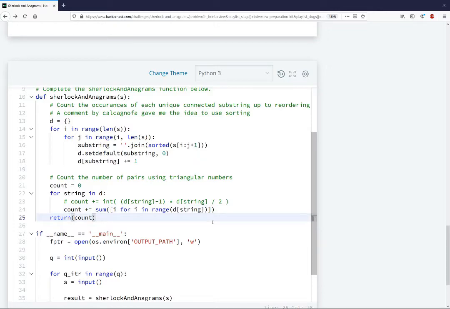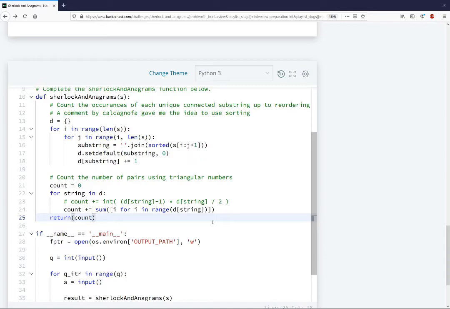Now, d string tells you the number of occurrences, and so if we set d string to be n, so if we have n occurrences of a particular string, what we're looking for is the n minus 1 triangular number.